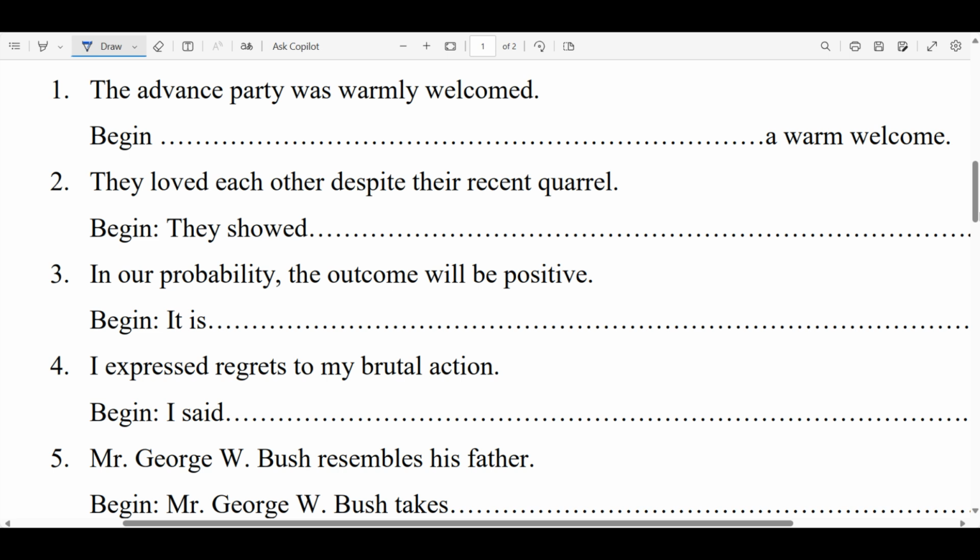Now let's look at the first one. We are told the advance party was warmly welcomed. So the word warmly is an adverb. An adverb is a word that describes a verb. Now, for the first sentence, we are given warmly. In the second sentence, we are given warm. So warm is an adjective.